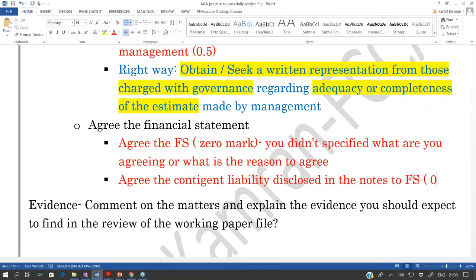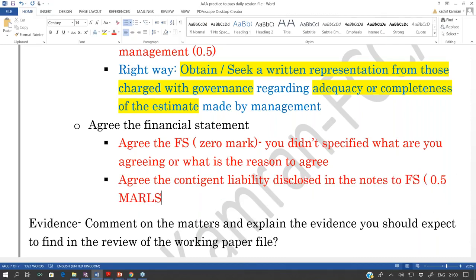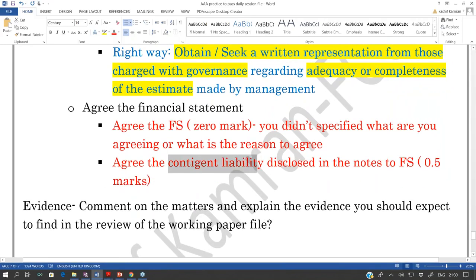Now this will give you 0.5 marks, because at least you tell what you are agreeing. You are agreeing the contingent liability disclosed. So at least this gives you 0.5 marks. But if you write only "agree the financial statements", no marks. Agree the financial statements for a contingent liability, 0.5 marks.